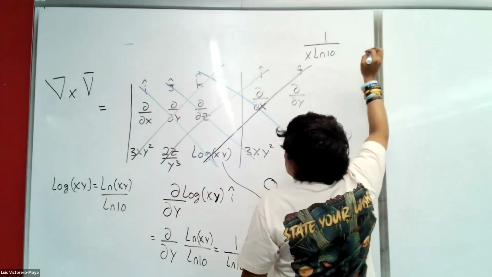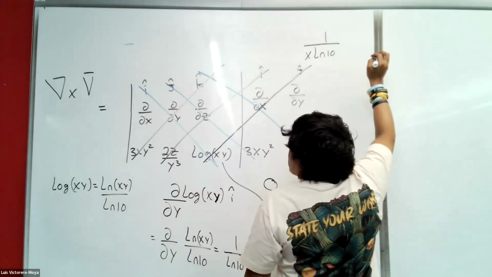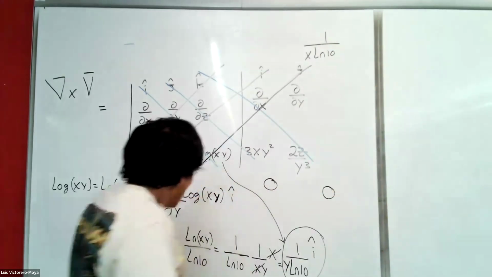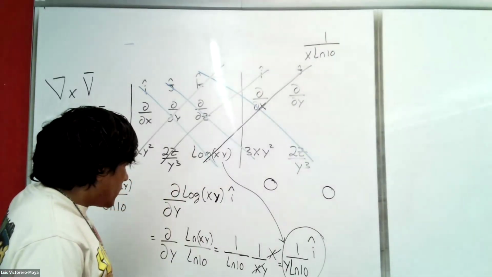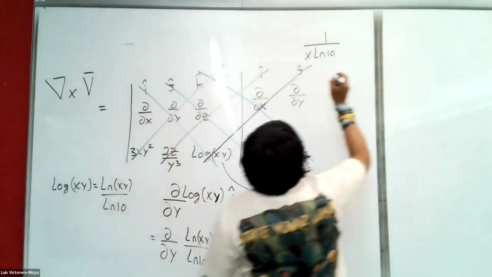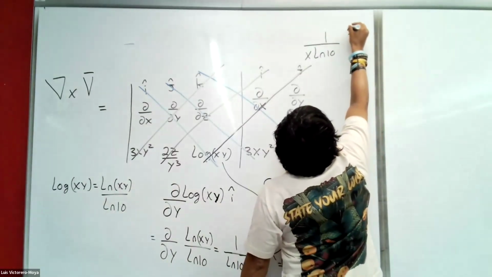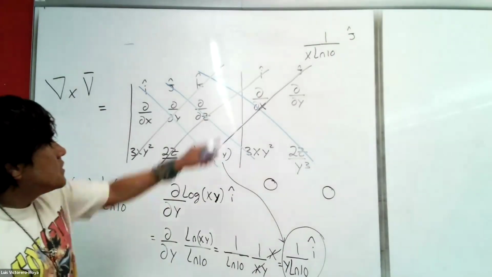1 over xy. Yeah, 1 over x. So j. There you are, that's in the j.